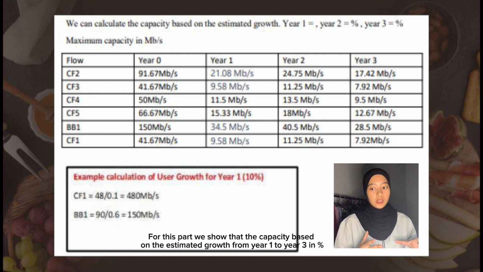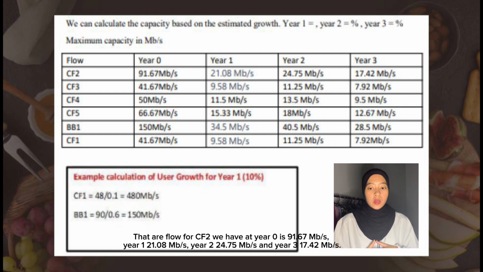Okay, for this part, we show the calculation of capacity based on the estimated growth from year 1 until year 3. That's for flow. For CF2, for year 0 is 91.67 Mbps, and growth for year 1 is 21.08 Mbps, year 2 is 24.75 Mbps, year 3 is 17.42 Mbps.